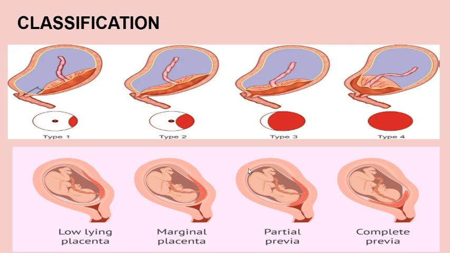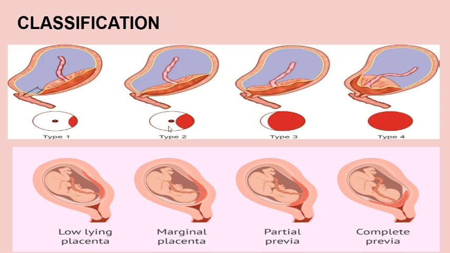So, classification. Generally, placenta previa can be classified into two types, but they are usually similar. Type 1, type 2, type 3, type 4, or low-lying, marginal, partial, or complete. For type 1 or low-lying, the placenta is located at the lower uterine segment, but it hasn't covered the internal os.